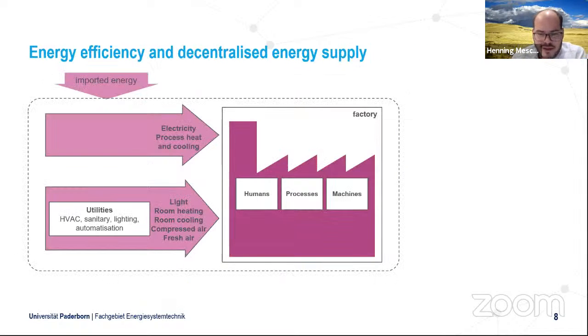Here you see a very simplified flow chart. So we have imported energy that goes to our factory or our industrial site. Some of this imported energy we directly use for running our processes, and some we use for running our so-called cross-sectional technologies like lighting, room heating, room cooling, compressed air, fresh air, and so on.